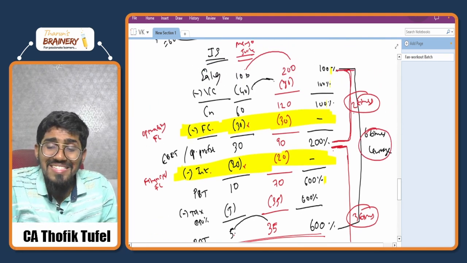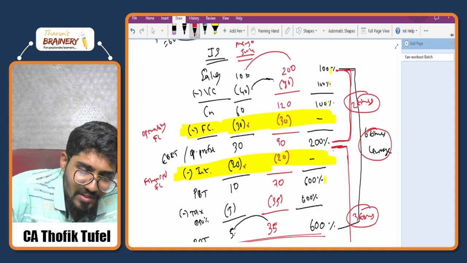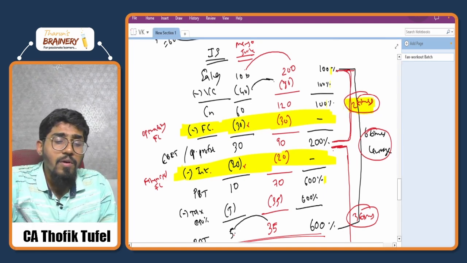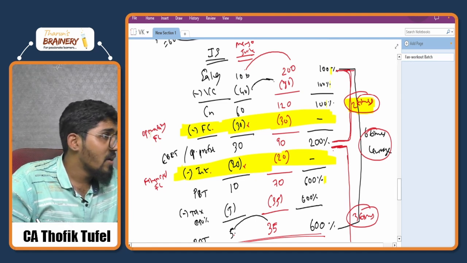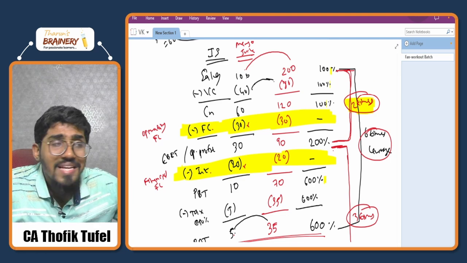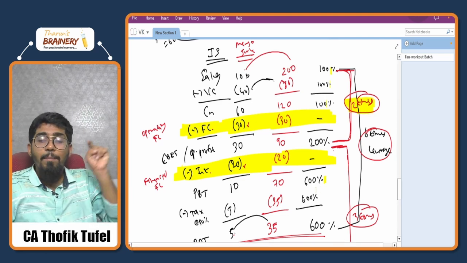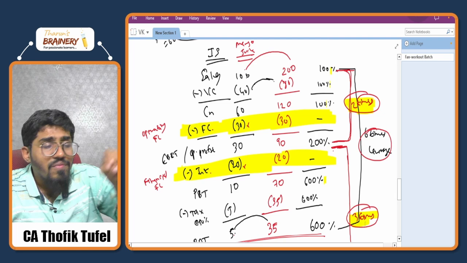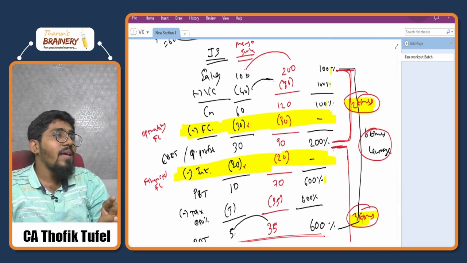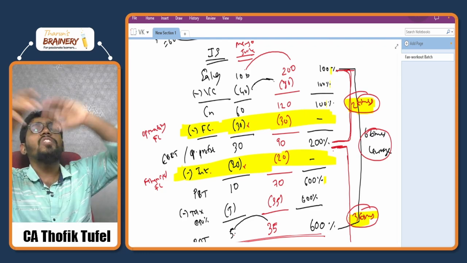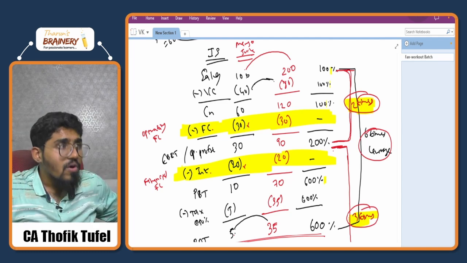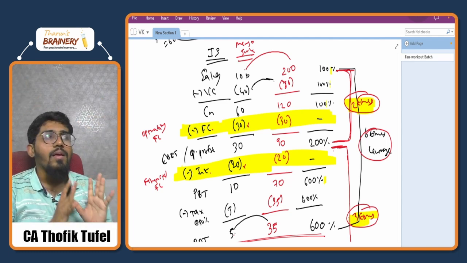Now this 2 times leverage is happening because of the operating fixed cost. So because of operating fixed cost, the leverage I am getting is called operating leverage. Because of financial fixed cost, the leverage I am getting, this 3 times, is called financial leverage. And because of a combination of operating fixed cost and financial fixed cost, the leverage I am getting is called combined leverage.